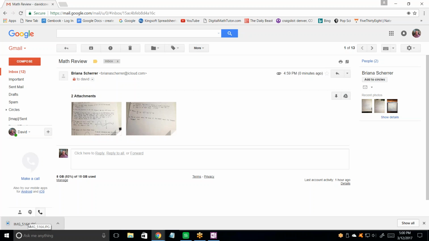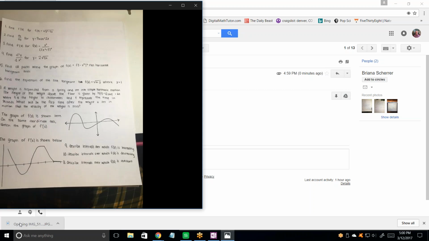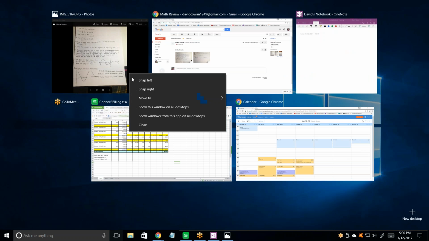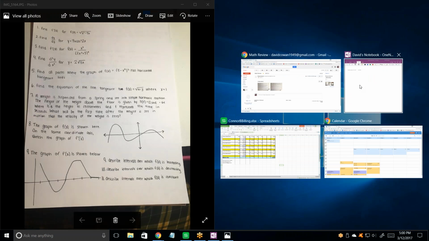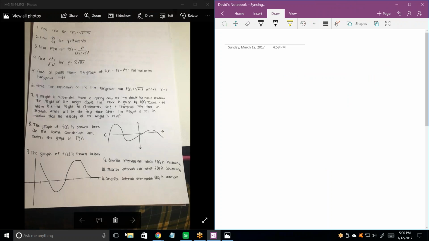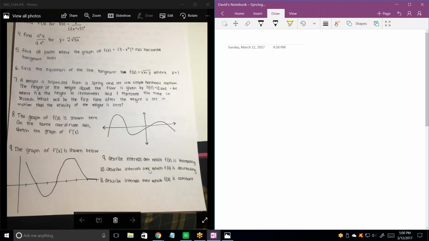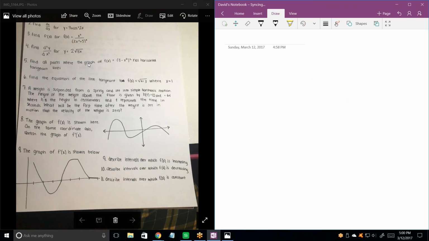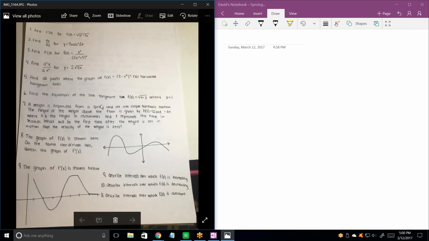I don't know if you can even see those enough to know which page is which, but we'll start at the beginning.